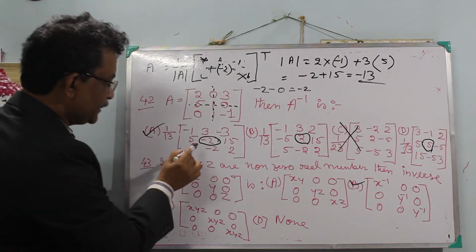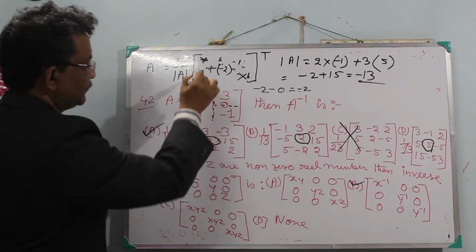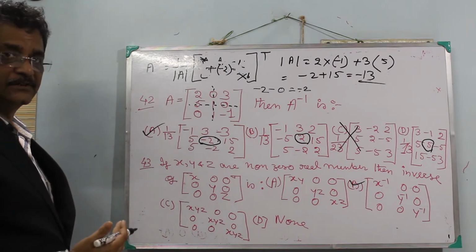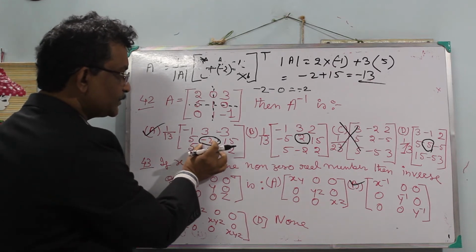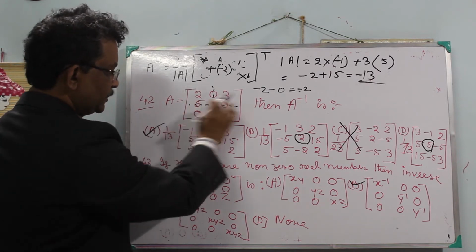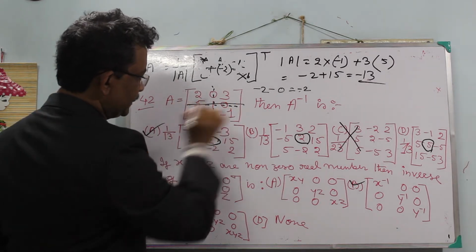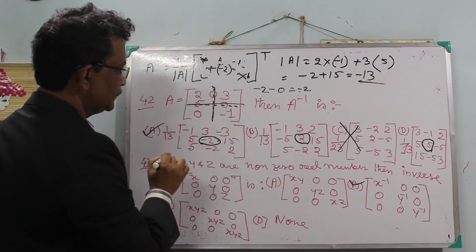So minus 2 is the correct answer, because minus 2 is the middlemost item if you make a matrix of cofactors. If you make the matrix of cofactors, the middlemost item will be minus 2. Ignore, strike out the second row and second column.